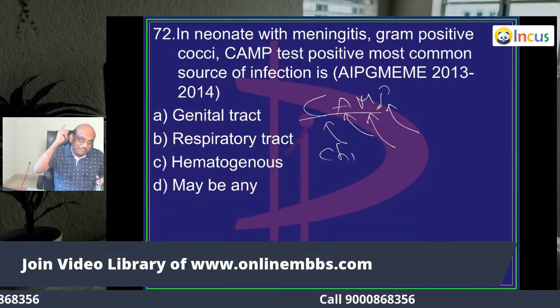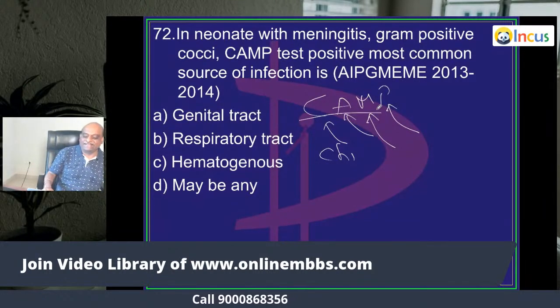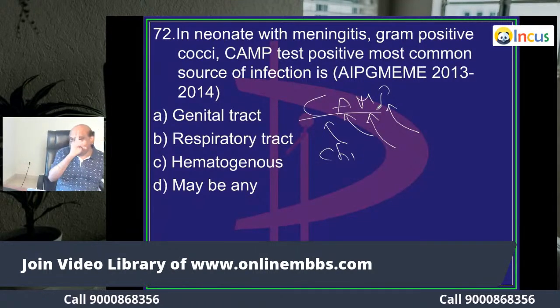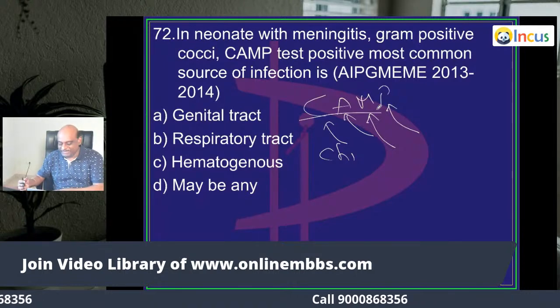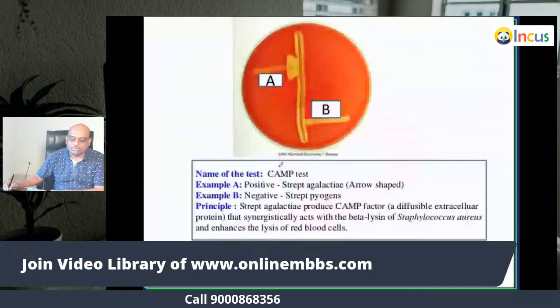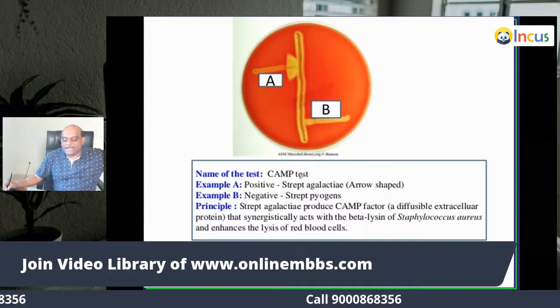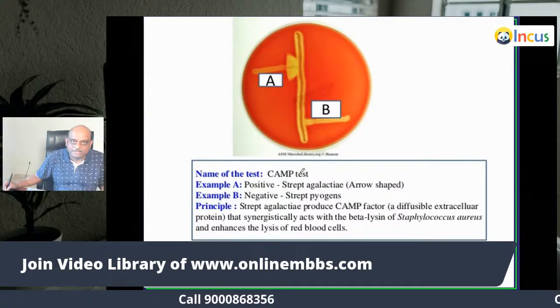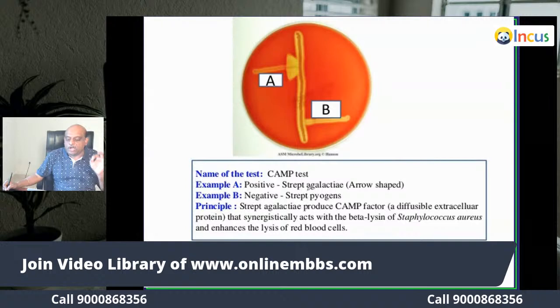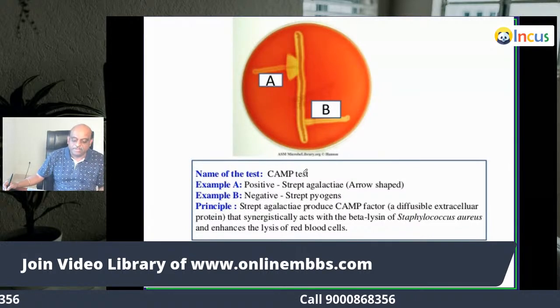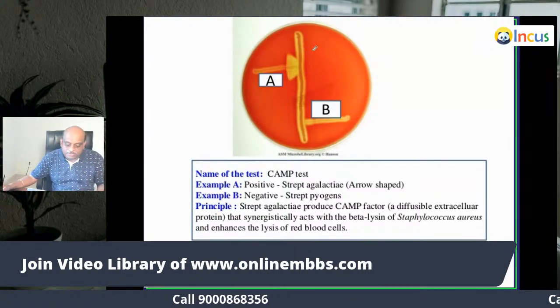Christie Atkinson Munch Peterson: four people together discovered a test. So, CAMP test is positive for Streptococcus agalactiae, but negative for Streptococcus pyogenes. So, what is CAMP test?